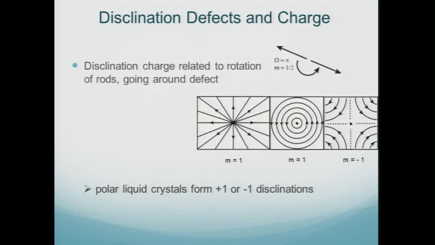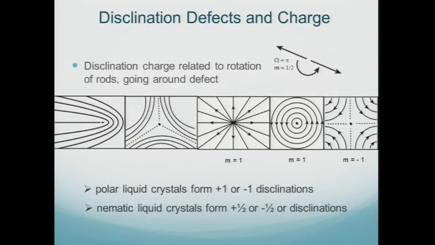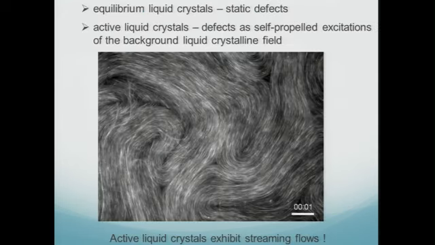And so polar liquid crystals form +1/2 and -1/2 disclinations, while nematic liquid crystals form these 1/2 disclinations. And so the observation of these defects really shows us that it's a nematic liquid crystal, and that makes sense because our fundamental building block is an extensile bundle.